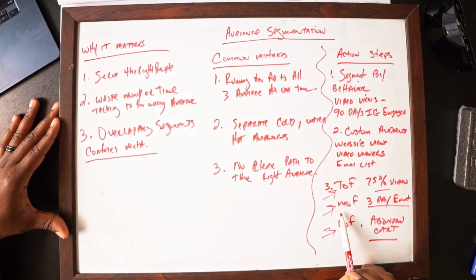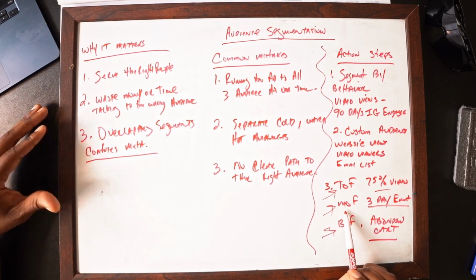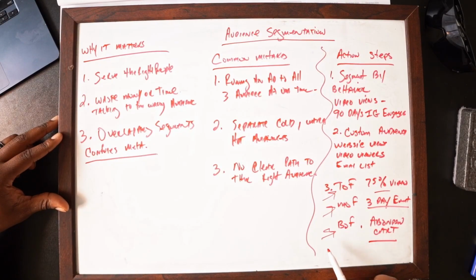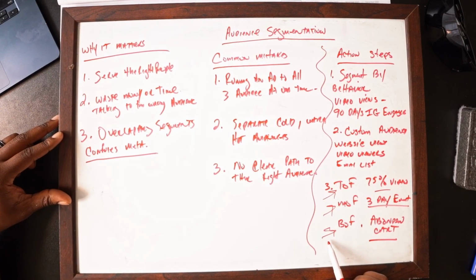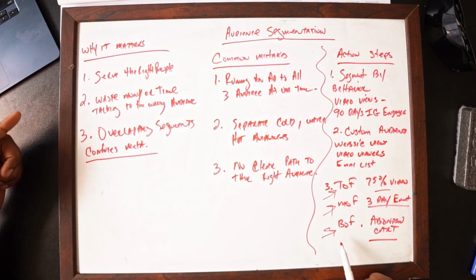Or in the middle of the funnel, you want to make sure you are going after the people that engage with your content for 3 days long, right? And in the bottom of the funnel, you're only talking to the people that abandoned the cart, or you're only talking to the people who initiated the cart.